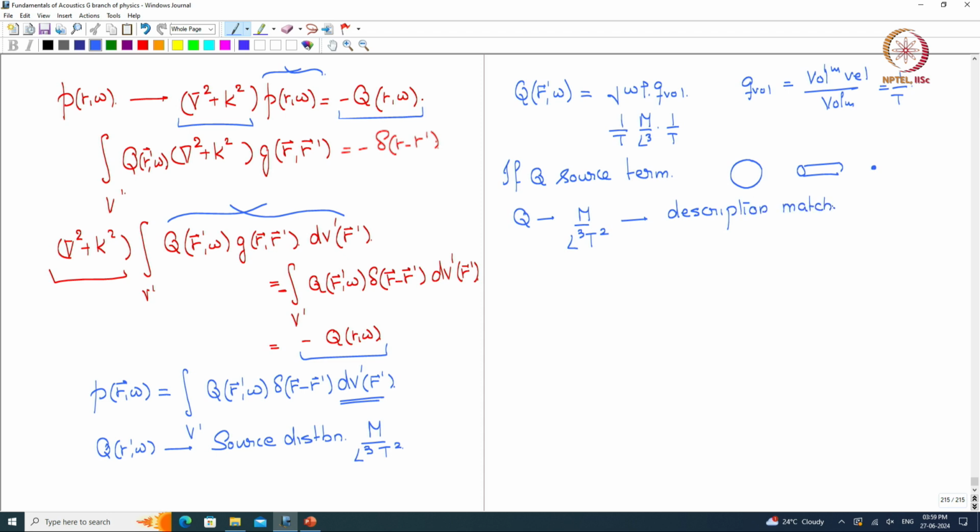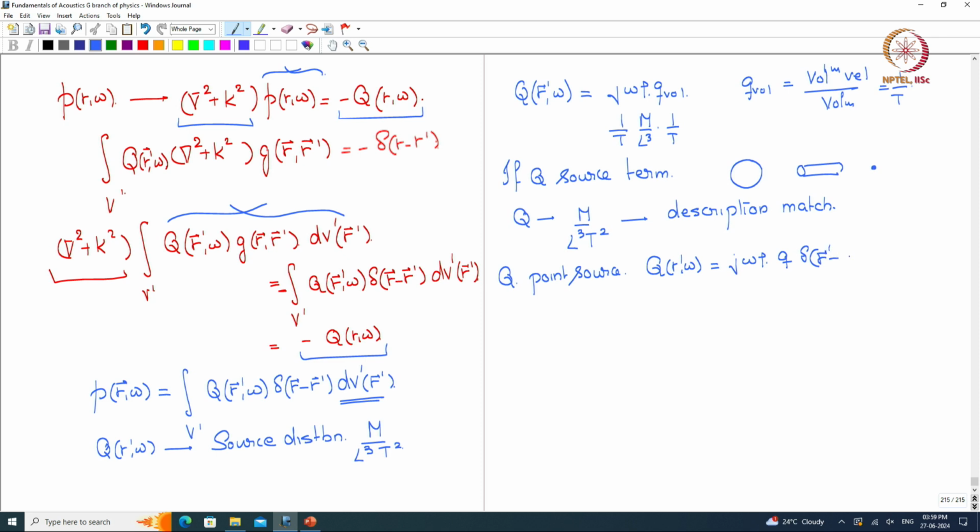Okay, so what am I trying to say? Suppose a particular case where q is a point source, then q(r', omega) we write as j omega rho. Now q_volume is volume velocity per unit volume, so I write it as a volume velocity into a delta.